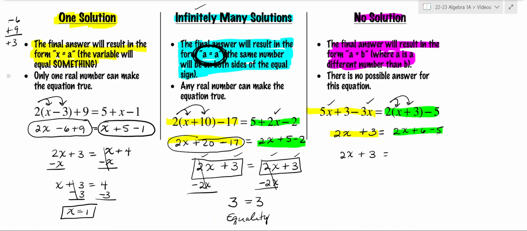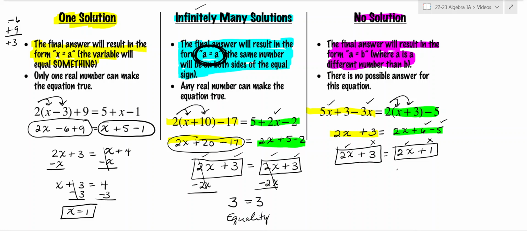But the right-hand side, we need to clean this up. What's positive 6 minus 5? Right? Exactly, positive 1. Now look, just from here, you can tell that these are not going to be equal to each other. Okay? So they do have the 2x, but this is plus 3 and this is plus 1, and they're not equal to each other. So from this, you can tell there's going to be no solution.